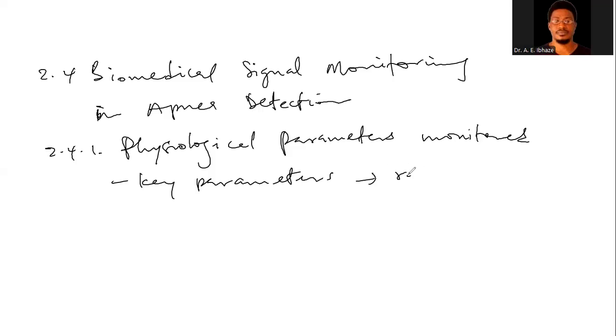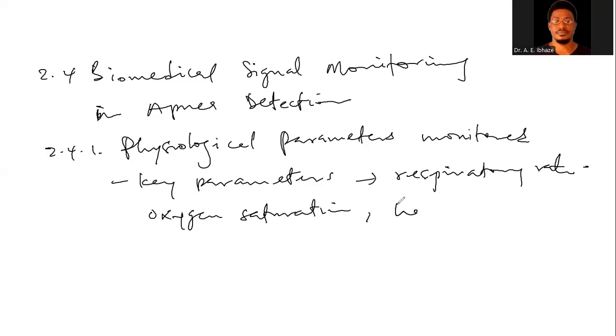This could be respiratory rates. It could be oxygen saturation. Could also be heart rates. So you want to tell why. You want to also tell at what rate. Is it dangerous or is it safe? So what it should monitor, then how you should trigger this and all of that.